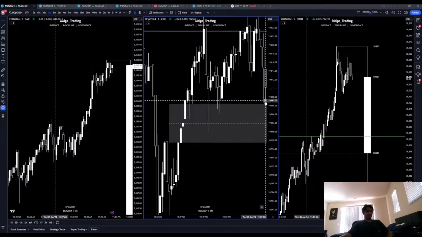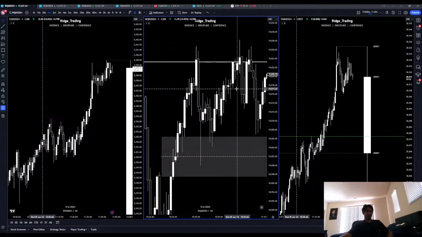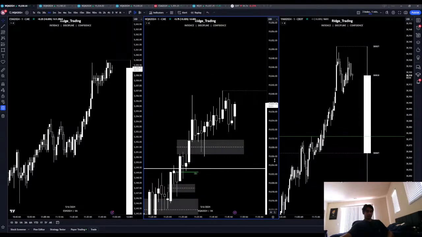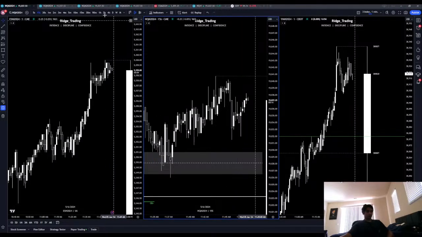Kind of the same thing that happened here, right? Where we take this and then just drop, and then we immediately get bought back up and take the high again. This is the same thing, just on an even smaller scale.